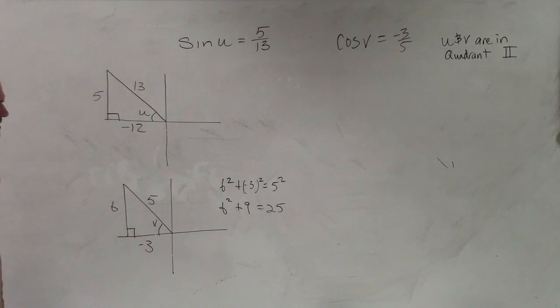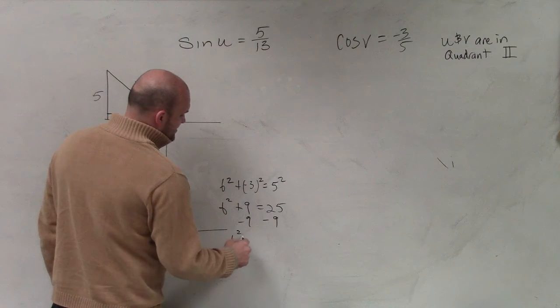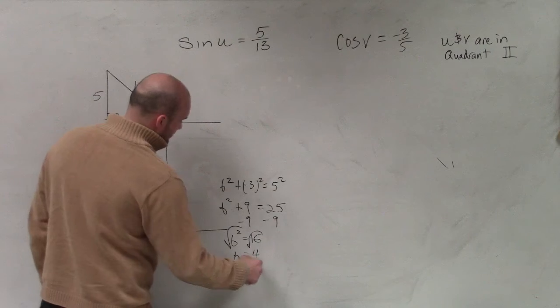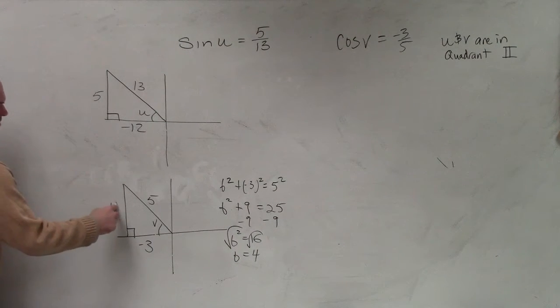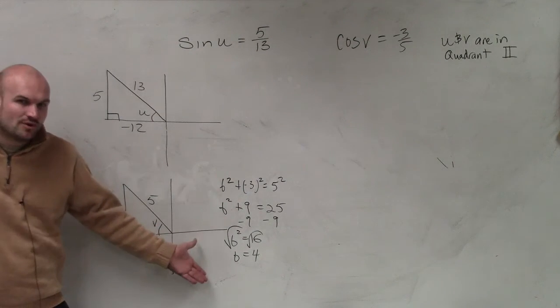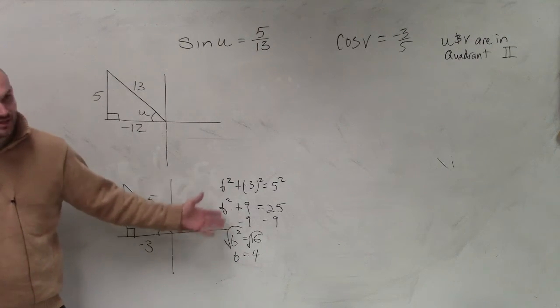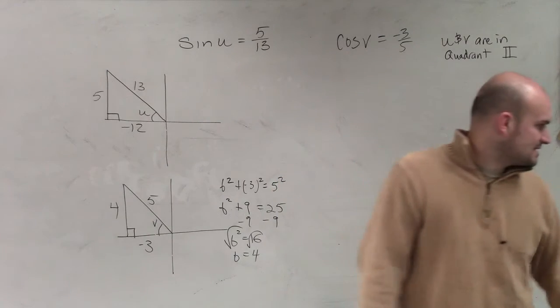So I subtract 9, and I have b squared equals 16. Square root, b equals positive 4, right? Because it's up. So you could say, oh, Mr. McLogan, that's another Pythagorean triple, right? But if you didn't notice the Pythagorean triple, the 3, 4, 5, you can always use the Pythagorean theorem as a default.